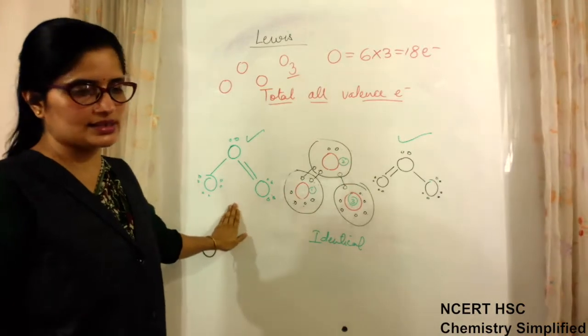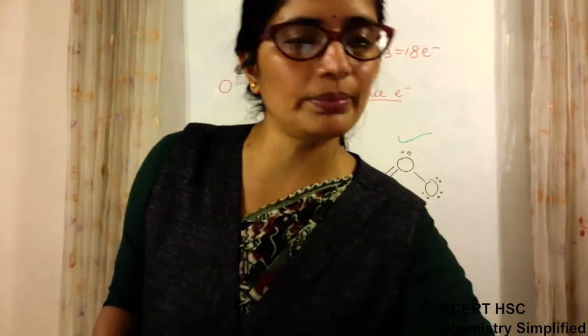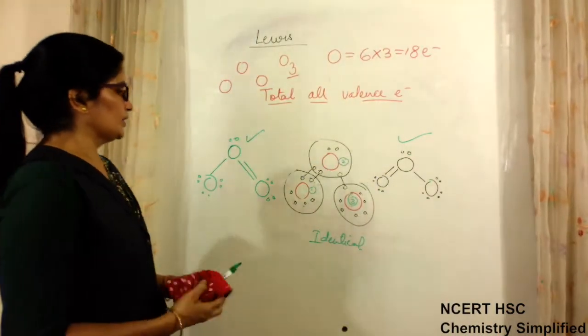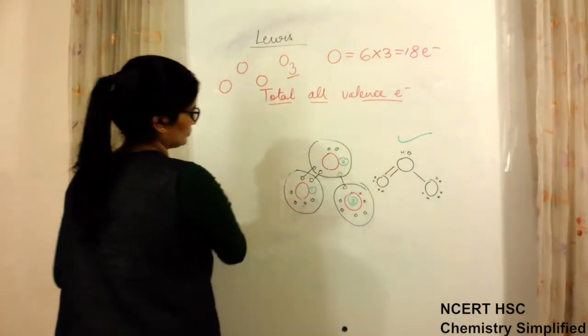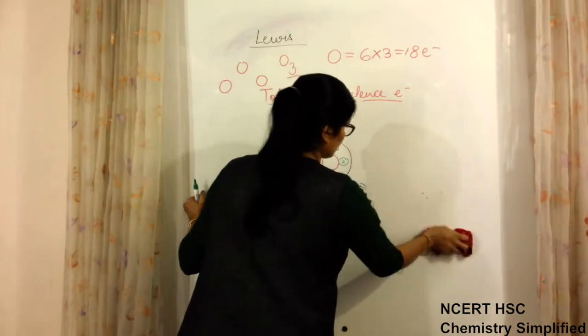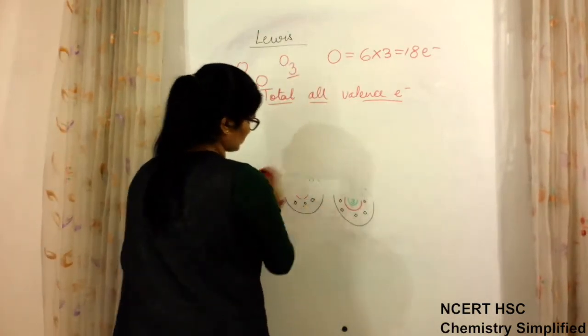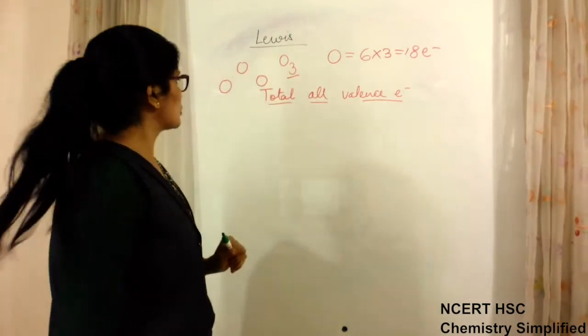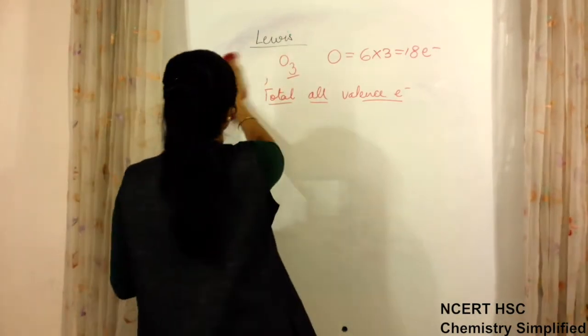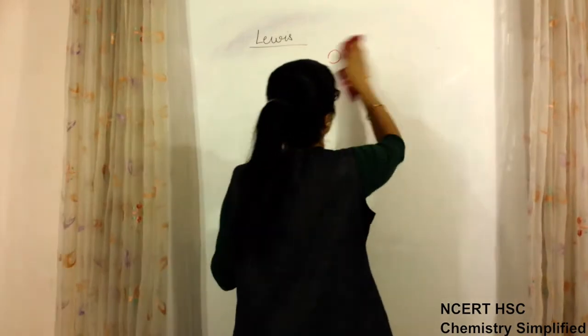There is no difference; on any side you can place the double bond. So this was about the formation of the Lewis structure for the O3 molecule.